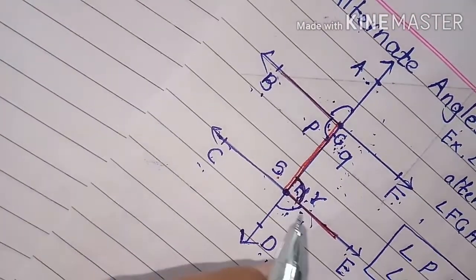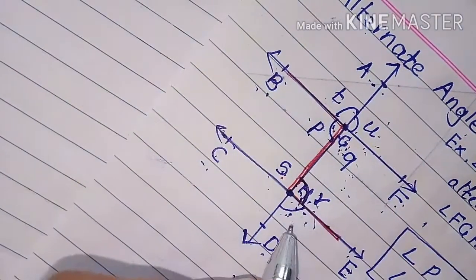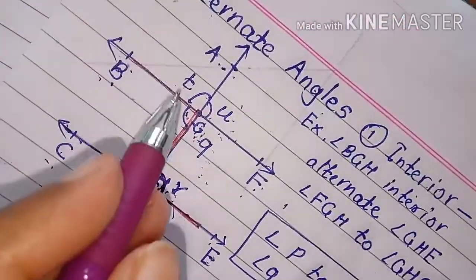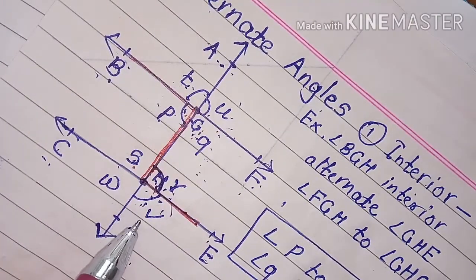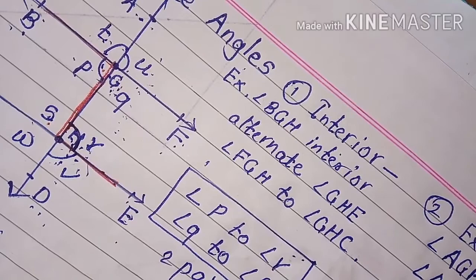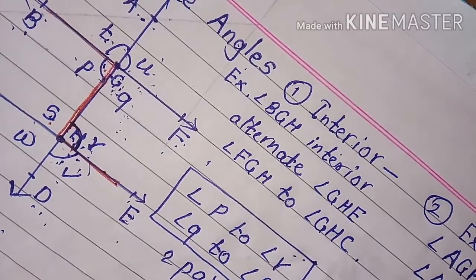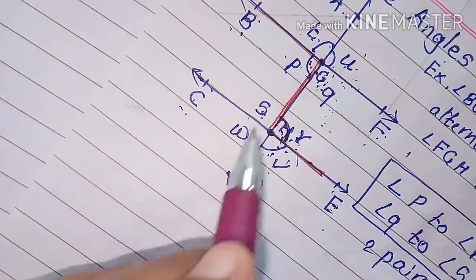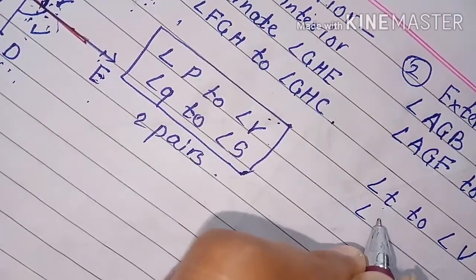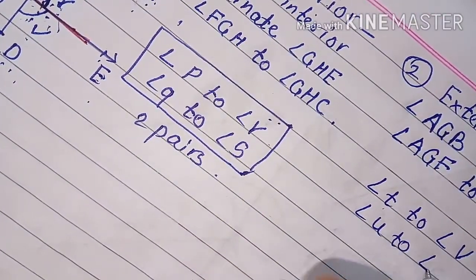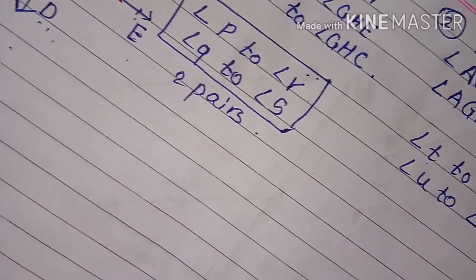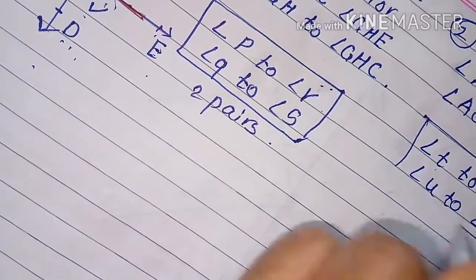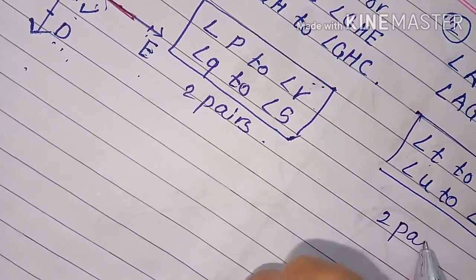Denote with smaller letters R, then S, then T, U, V and W. Now see, T is exterior alternate with V. Angle T to angle V. Angle U to angle W. So there are also two pairs of exterior angles.